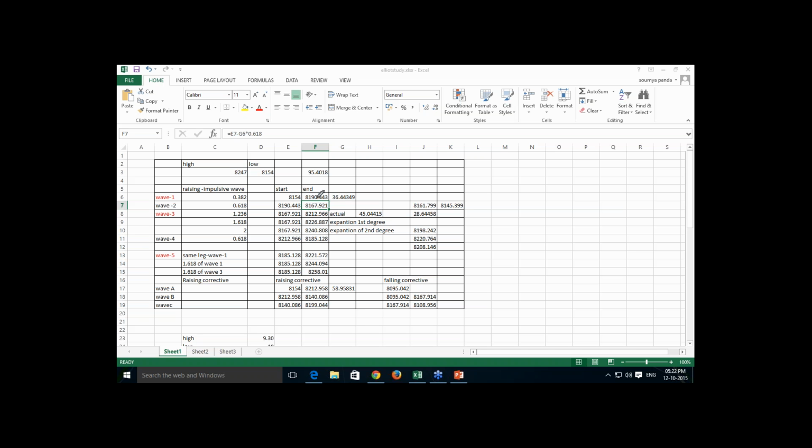Means from 8154 it has gone to 8190, but it has not fallen from there till 8167. So wave 2 has not started. It has gone beyond that, say it is going to 8200 plus, and only then it started correcting.